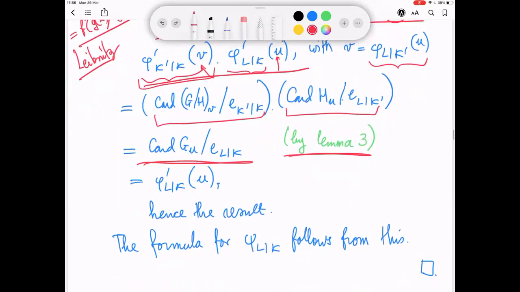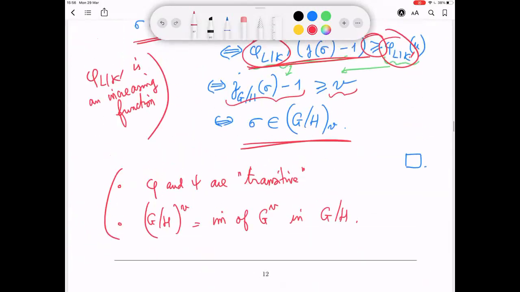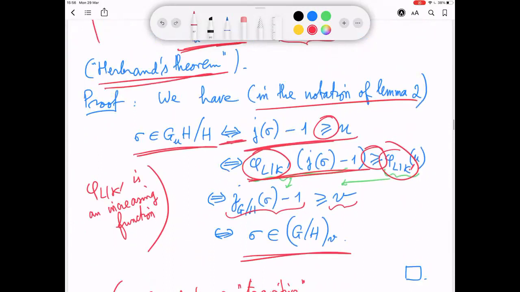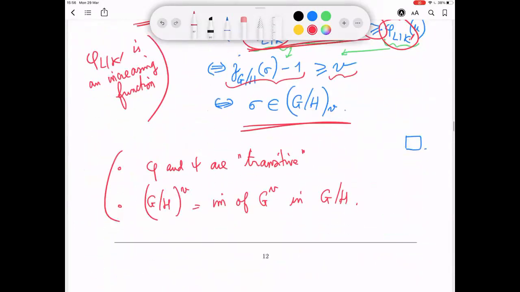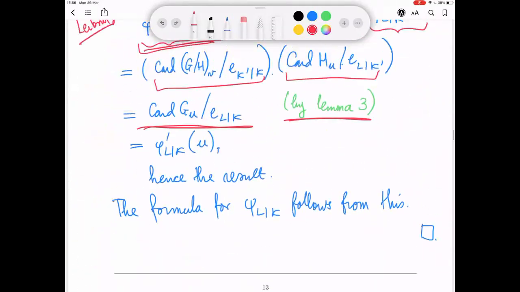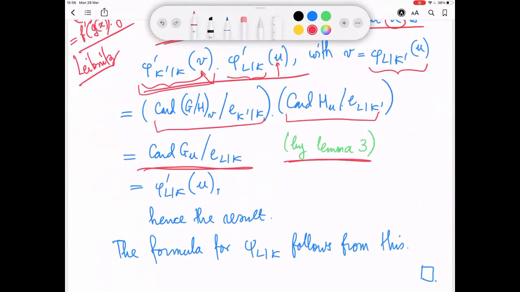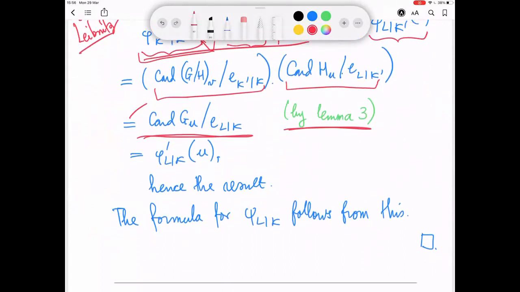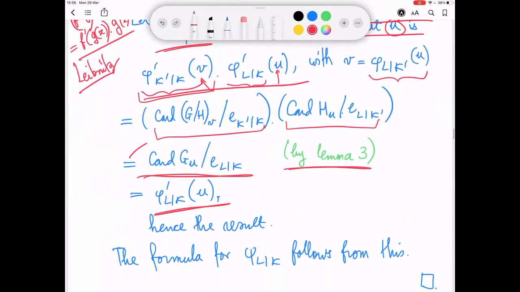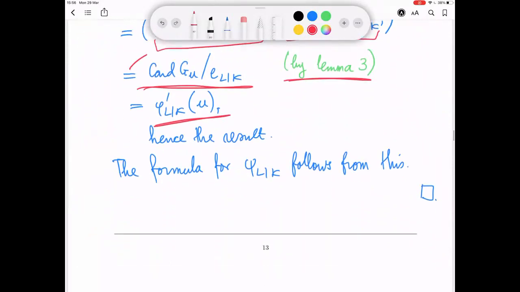Lemma 3 is what is called Herbrand's theorem, and this is the crucial thing. So you just need to plug in here to get this equality, and by definition that's going to be phi prime of L over K. So the derivatives agree.